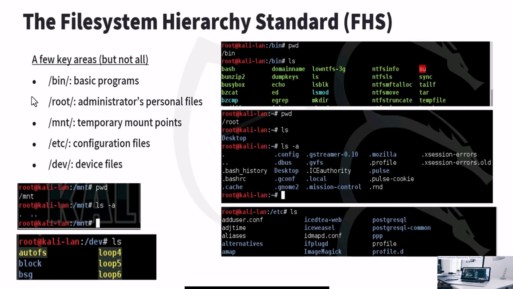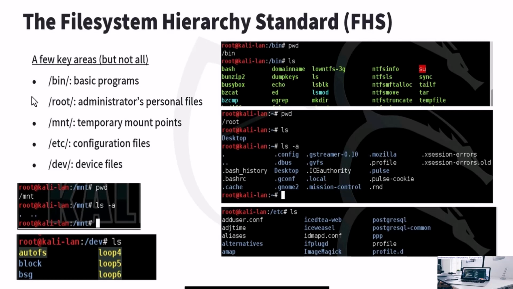In the bin folder, we will find more commands that we usually use during our daily activities in Kali Linux. The next folder we will talk about is the root folder, which holds the administrator's personal files. Like in Windows, all users have a profile folder which contains the personal files for this user.